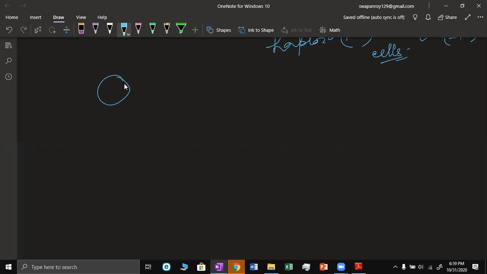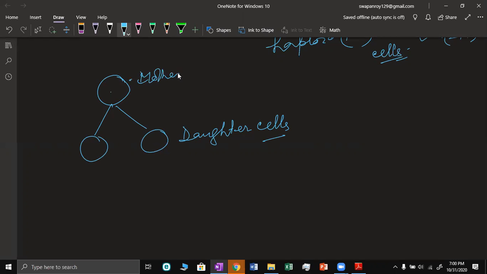A cell is there, it may get mature, and this cell divides to produce two daughter cells. This one is called the mother cell, which is dividing. The mother cell divides and gives rise to two daughter cells.